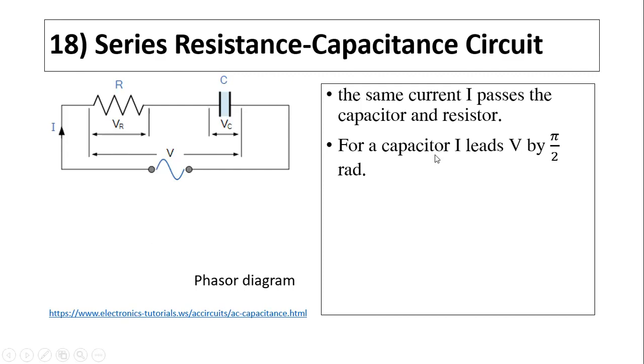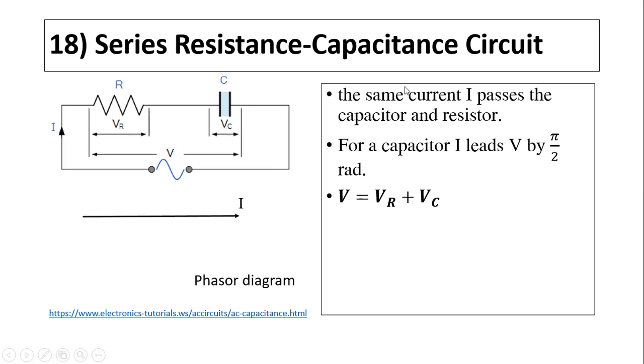And then remember that for capacitor, the current leads the voltage by pi over 2 radian. So we can still use the same formula as your voltage supply. That's V equals voltage across resistor plus voltage across capacitor. Add them up.